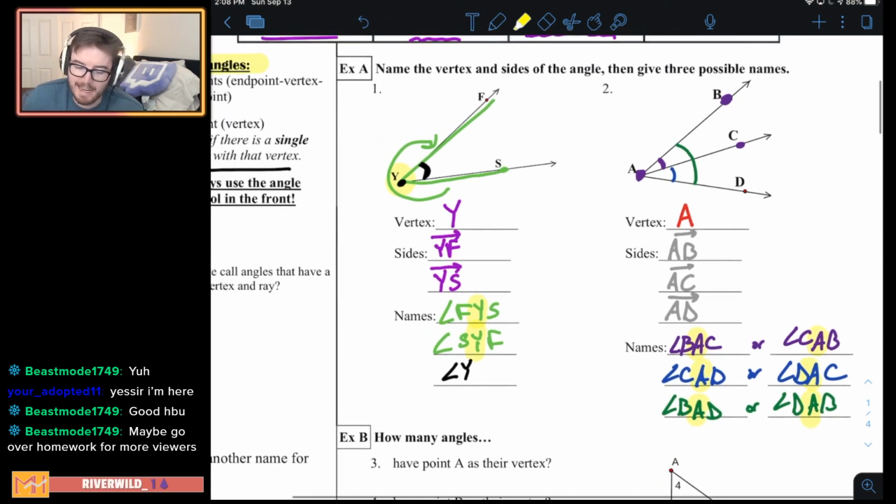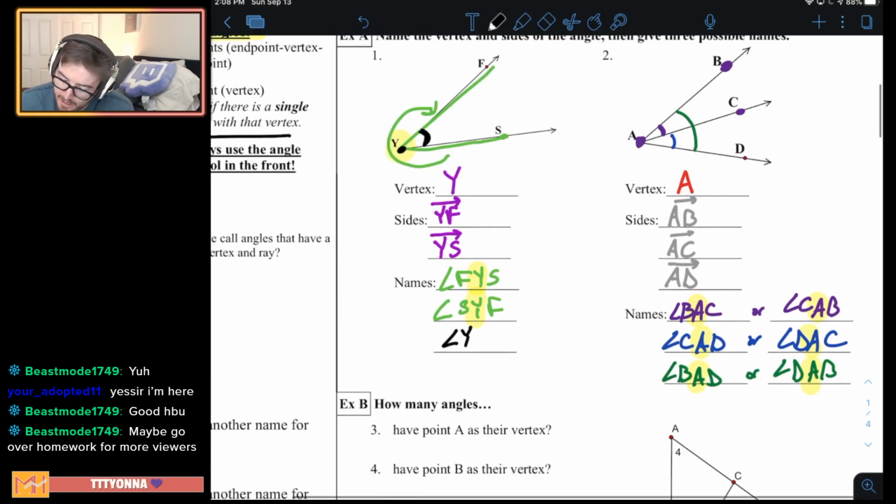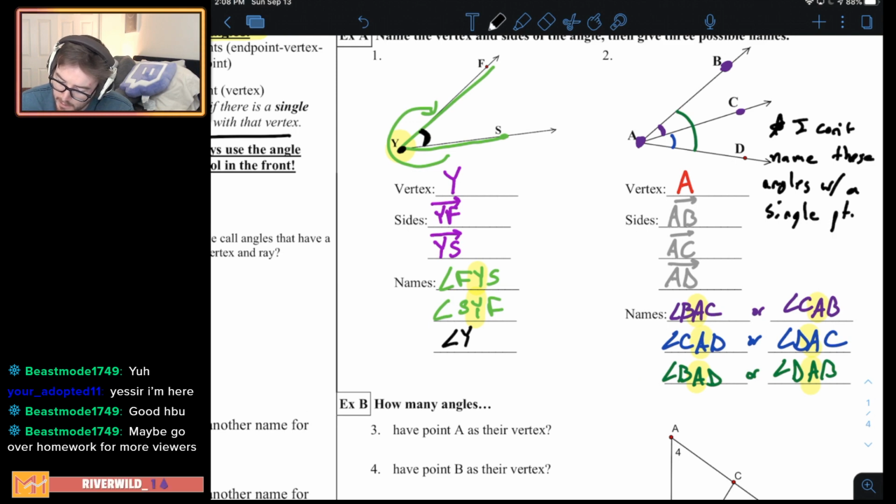Now, can I name any of these angles with a single point? I can't name these angles with a single point.